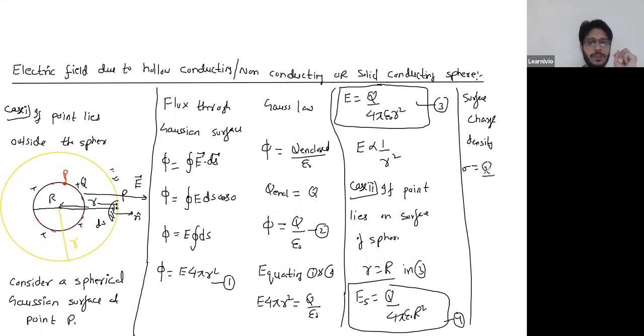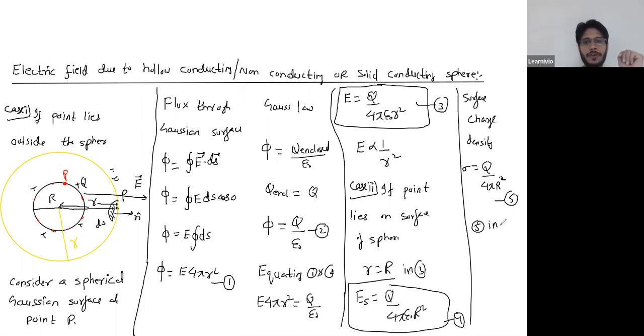Q enclosed is basically Q. 4 pi r square. Small r or capital R? Small r. No. Charge, where is this charge distributed? It's distributed on Gaussian surface or it's distributed on sphere? Sphere. And what is the radius of sphere? Capital R. So it should be Q by 4 pi R square, not small r square, right? This is equation number 5.